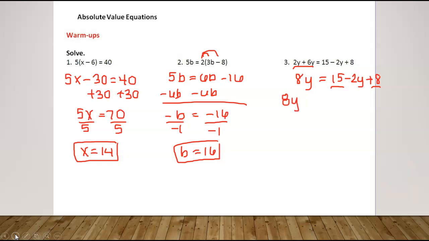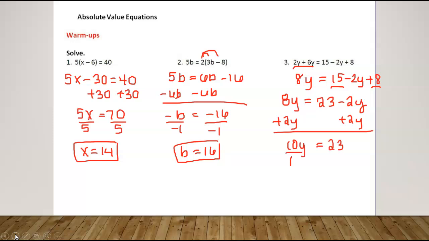So you get 8y equals 23 minus 2y. Add 2y to the other side. And you get 10y equals 23. Divide both sides by 10. And we get y equals 2.3.